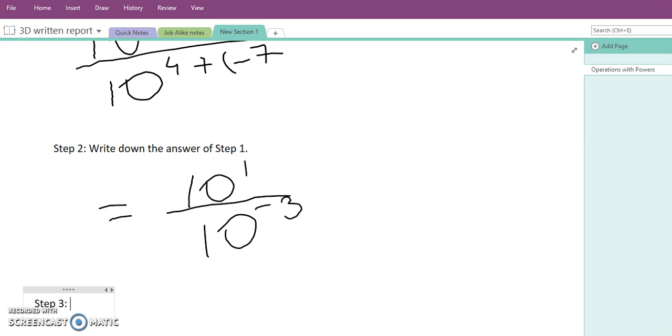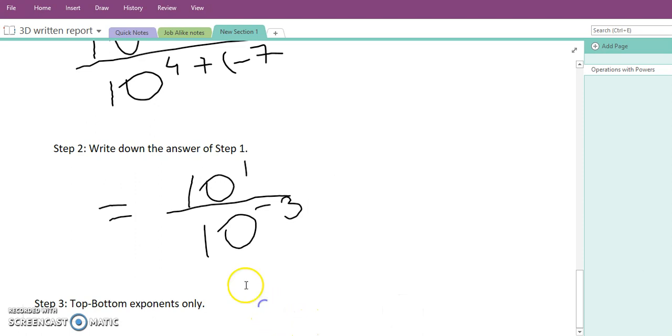Step 3 is use the division formula. Subtract top minus bottom. So I'm literally going to put down top minus bottom. Guys, exponents only. Do not do anything weird with the tens. Tens stay unchanged.